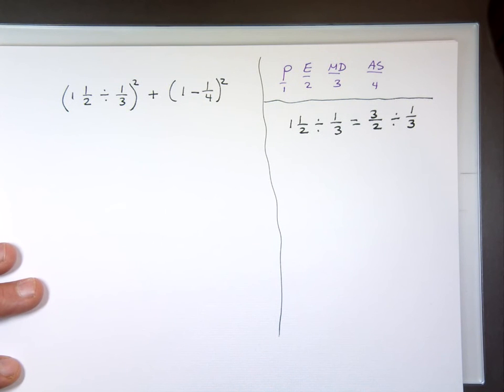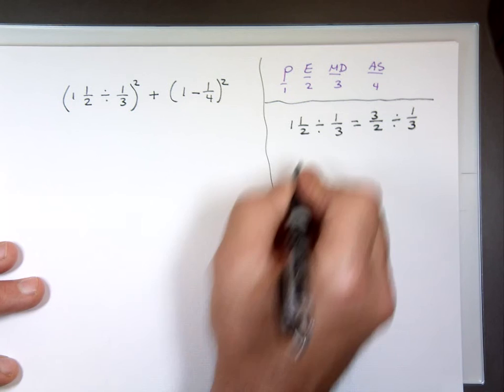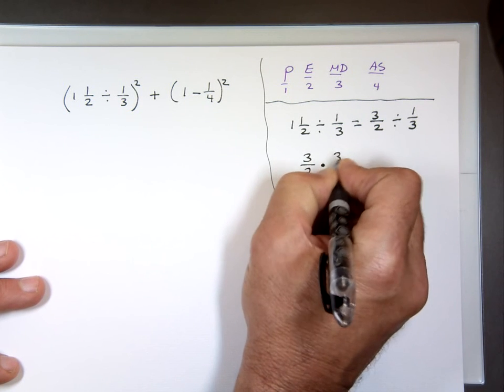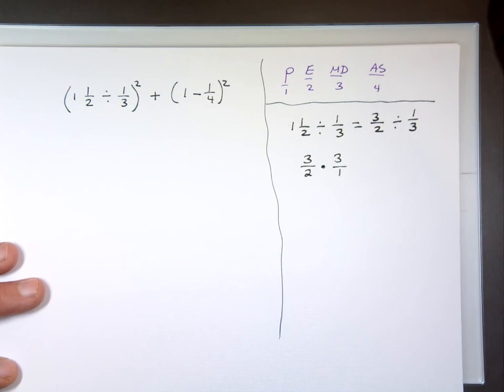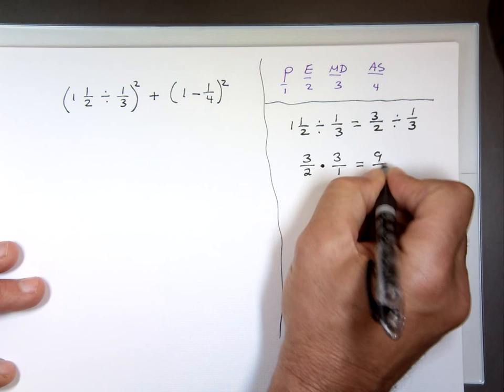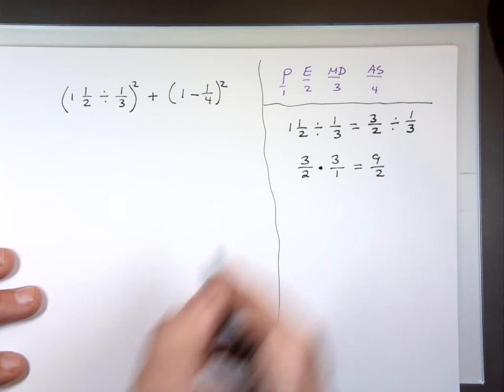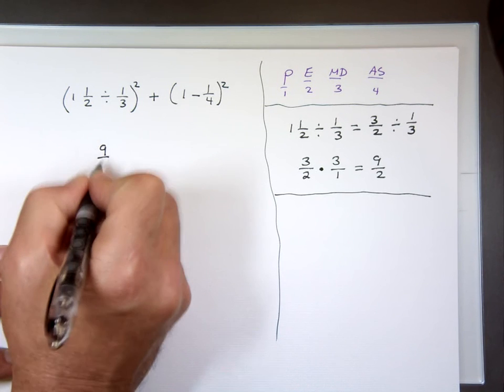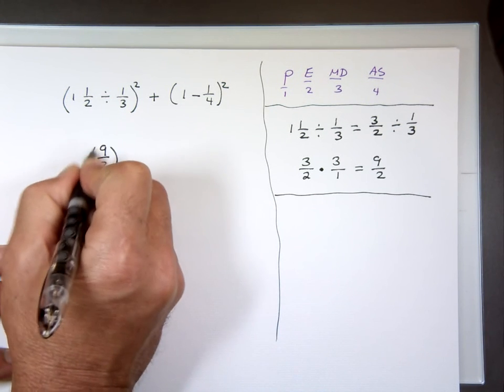That's a division. Keep, change, and flip. That's 3/1. 3 times 3, 9/2. So I can write this now as 9/2 squared. That's what's inside the parentheses, plus.